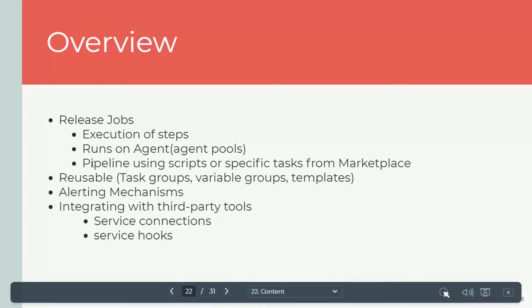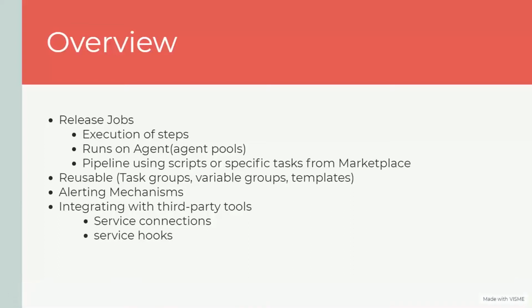The next point is whether you are going to create a script for all the actions, like copying files using SSH copy or FTP commands, or whether you are going to use a specific task from the marketplace. For example, other CI tools like Azure DevOps, Jenkins, Bamboo.